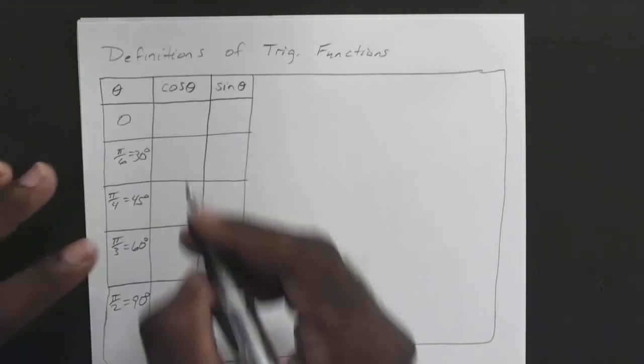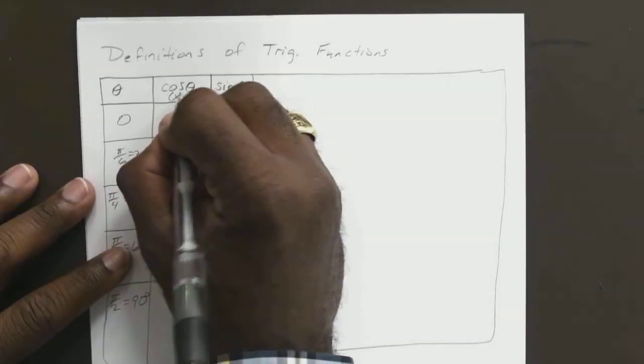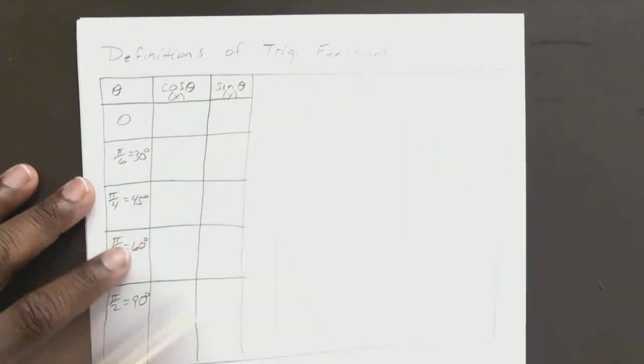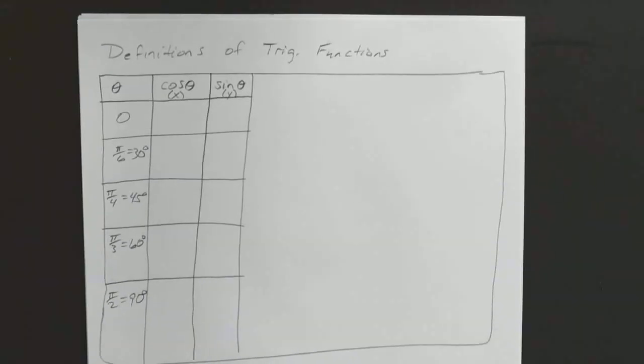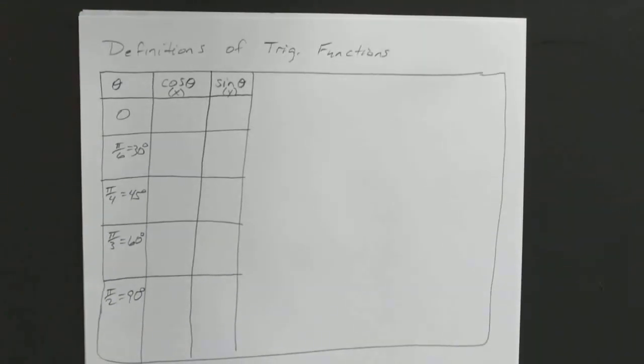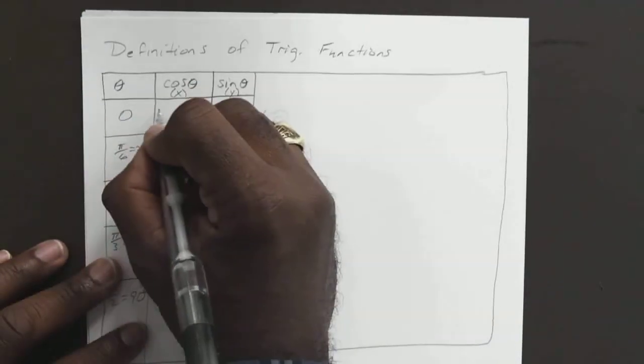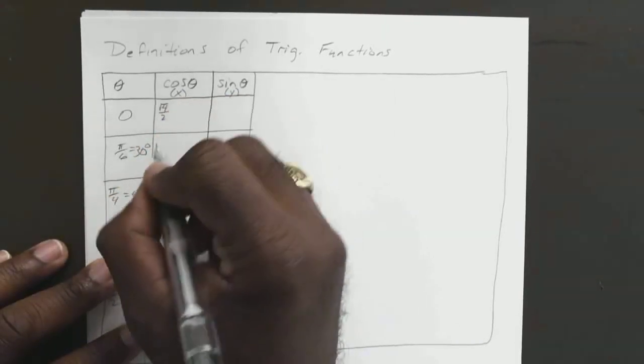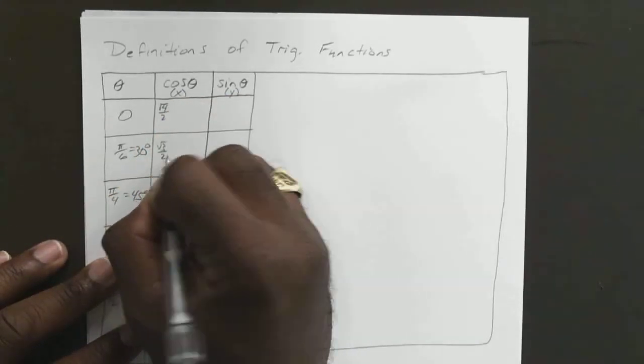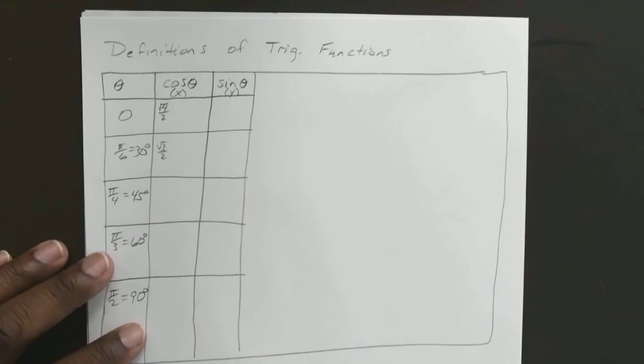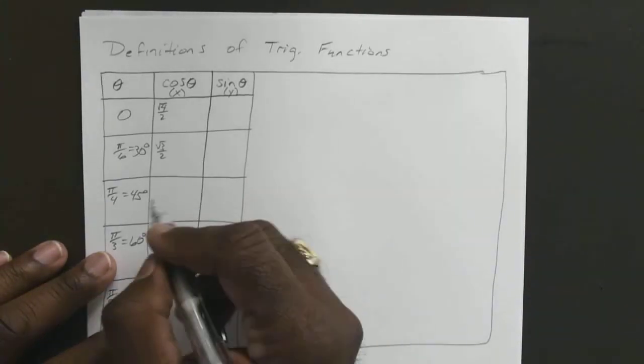Okay. So remember, our cosine, that's our x, and our sine is our y. Okay. So remember, for your cosine, you're going to start with square root of 4 over 2, square root of 3 over 2, square root of 2 over 2, and square root of 1 over 2.